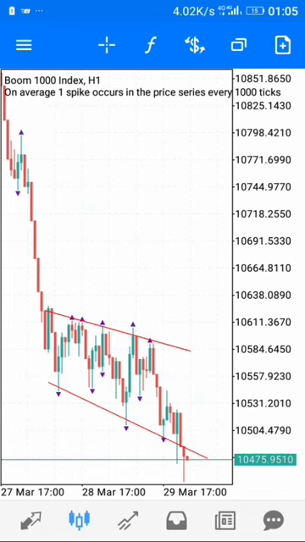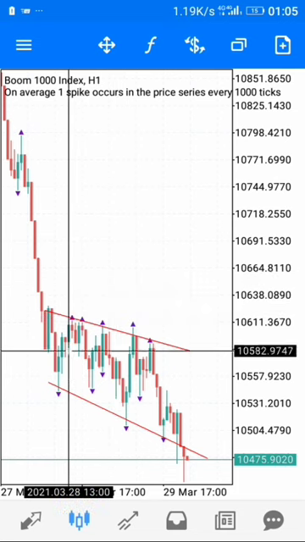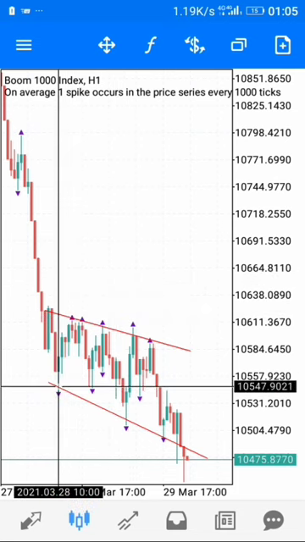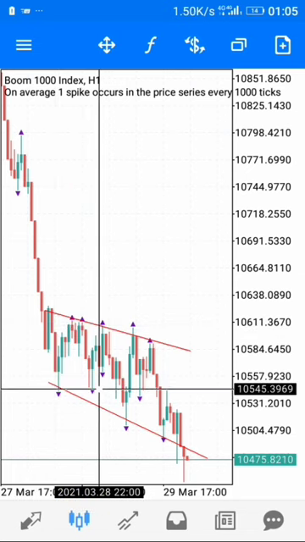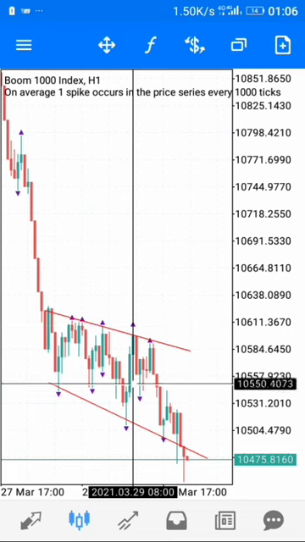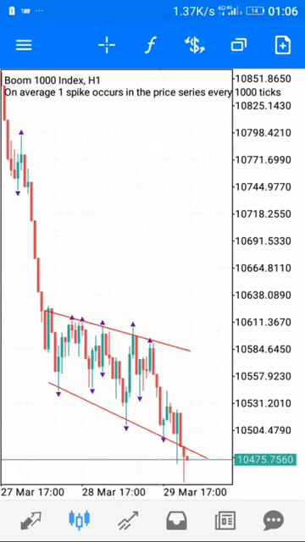Now hope you can see it picked the high point here and also picked the low point here. It picked the high point and picked the low point, just like that. So with this you can have a clear idea about where the market will proceed and continue.